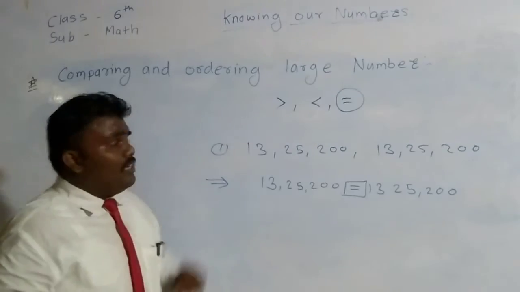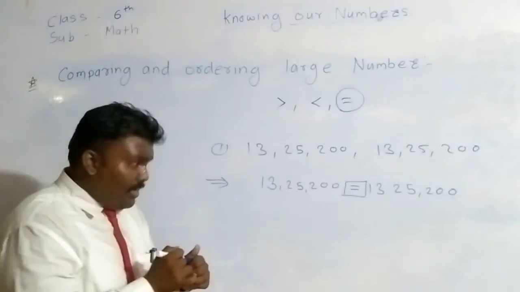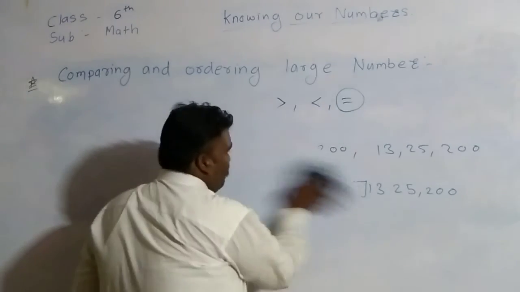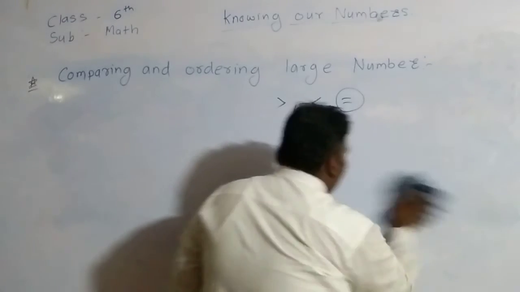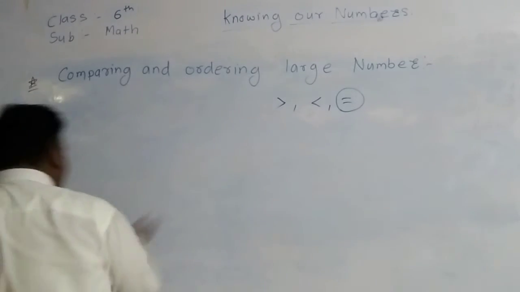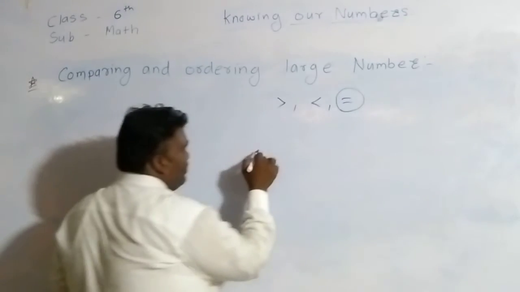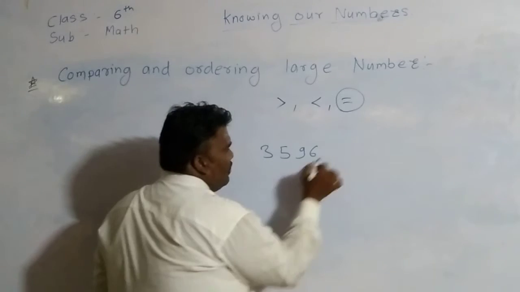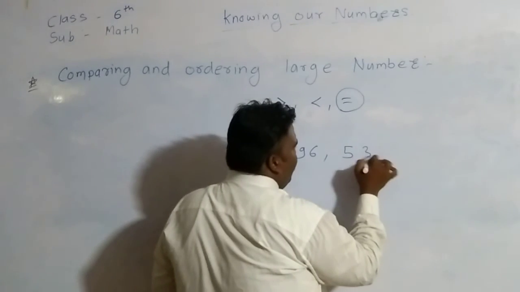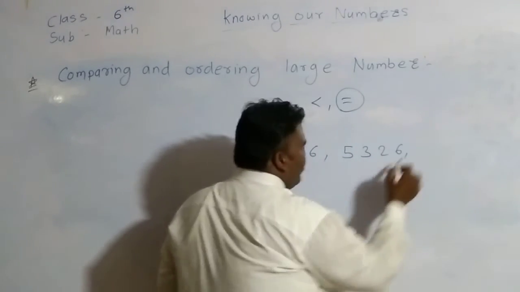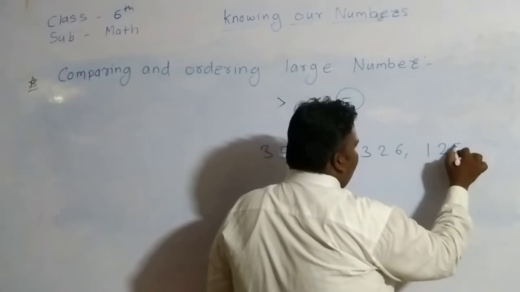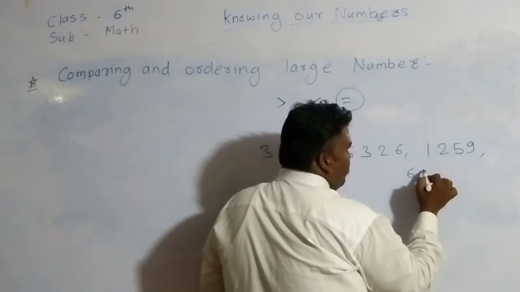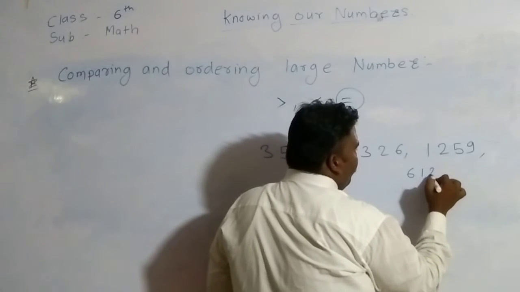And what about ordering large numbers? How do we order large numbers? Dear friends, we will have one more example for ordering large numbers. Let's write some more numbers. I will write here 3,596 suppose, and 5,326, and next one 1,259, and the next number is 6,125.